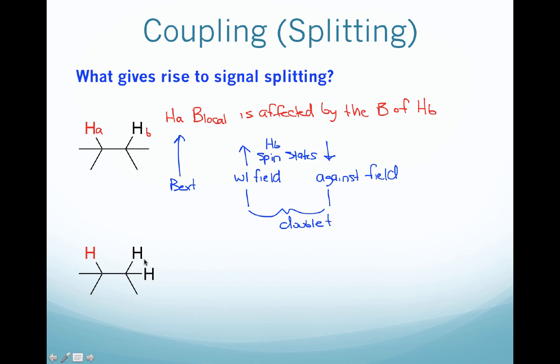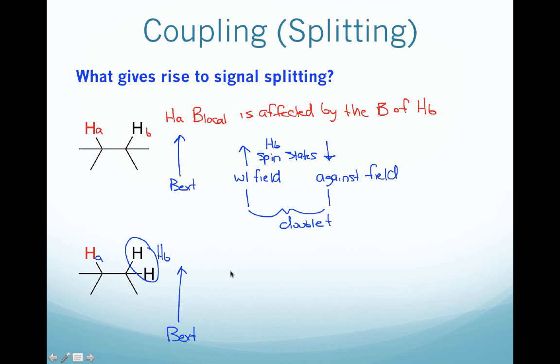Okay, now continuing to this next example, again, we're going to focus in on what we'll call HA, but now we have 2 HB protons. So now we have to consider the spin state of both HBs. Here's our external field.